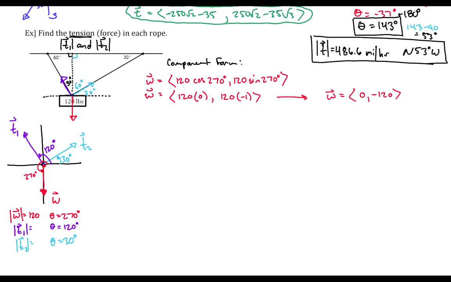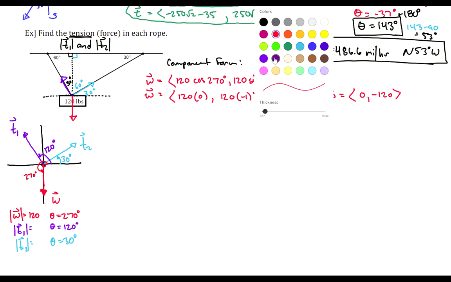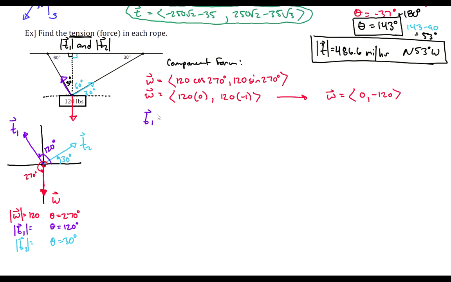And then now let's set up our T1s and T2s, still keeping it in purple. So our T1, we don't know the actual magnitude. That's okay. We could just write the magnitude notation and put in our cosine of the 120, and still the magnitude notation, sine of 120. And then we'll simplify what we can.